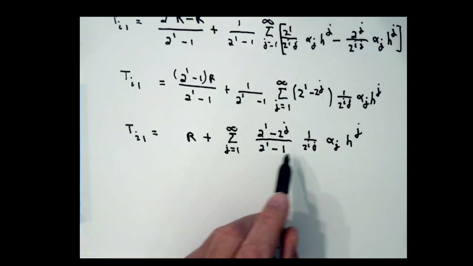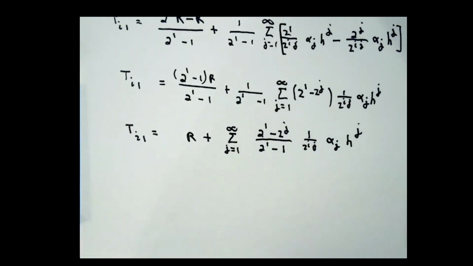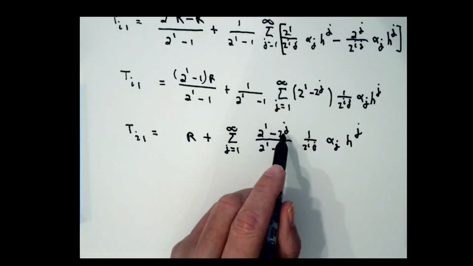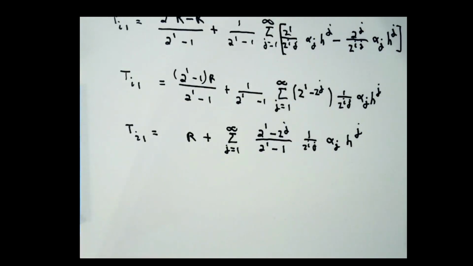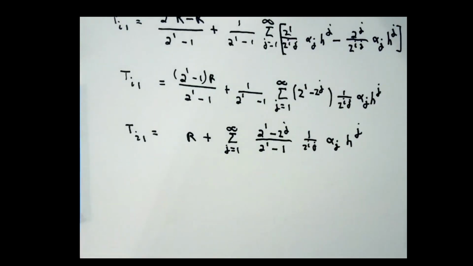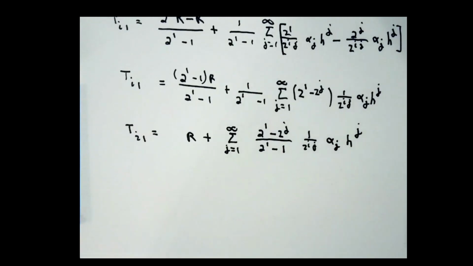This fraction will have something that's not 0 on the bottom, and when j is 1, the top is going to be 2 to the 1 minus 2 to the 1, which is 0. This shows me, if I didn't believe it already, that the numbers in column k equals 1 of my Richardson's table have no h to the first power term in their error expansion. When j is 1, this term is 0.